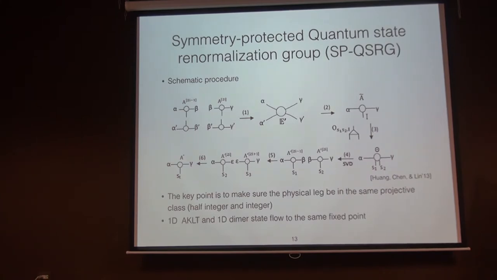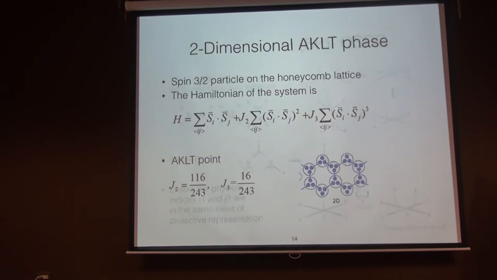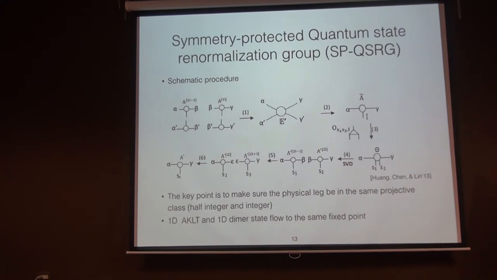Okay, what did you do in the second step? Here, we subtract the physical dimension. Actually it is the virtual dimension, and then we split our tensor. We do the SVD around this direction, so we have alpha, gamma, and alpha prime, gamma prime.